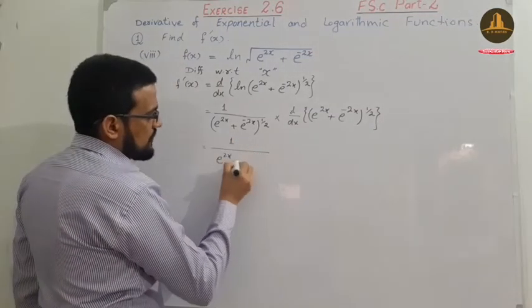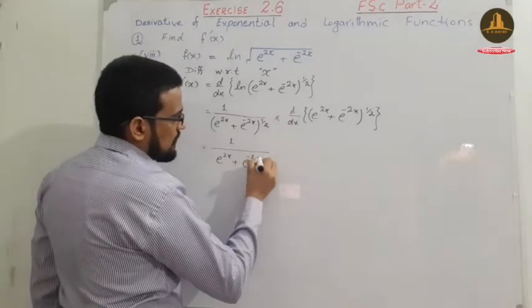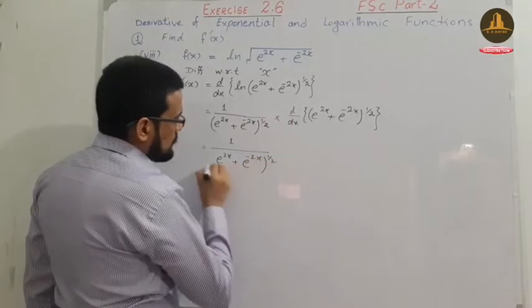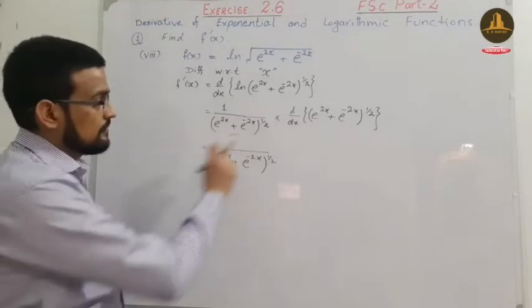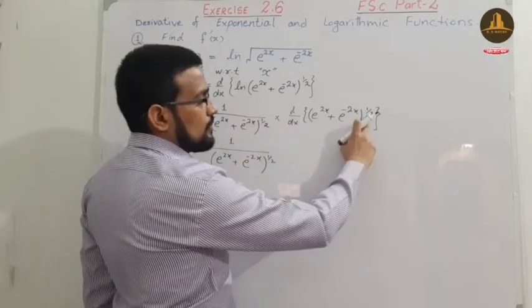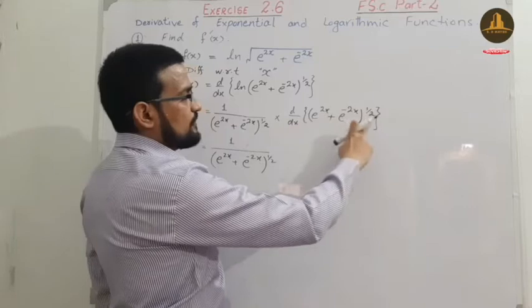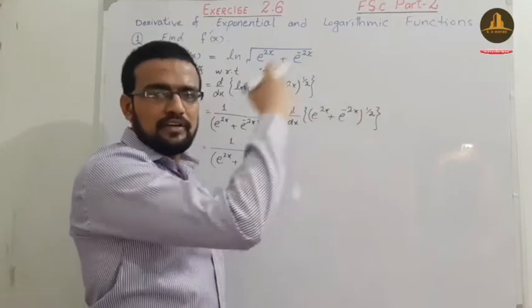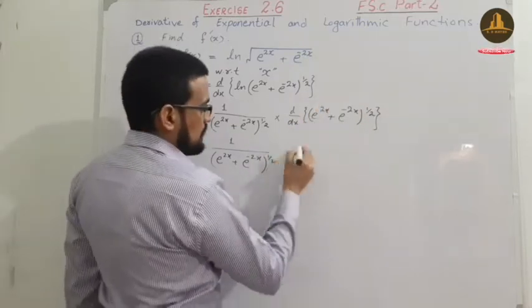E raised to power 2x plus e raised to power minus 2x, power 1 by 2, it remains the same. But for the derivative of the 1 by 2 power, it becomes a multiple and decreases by 1.